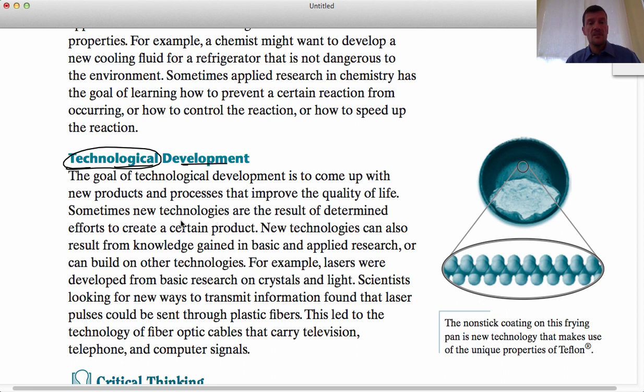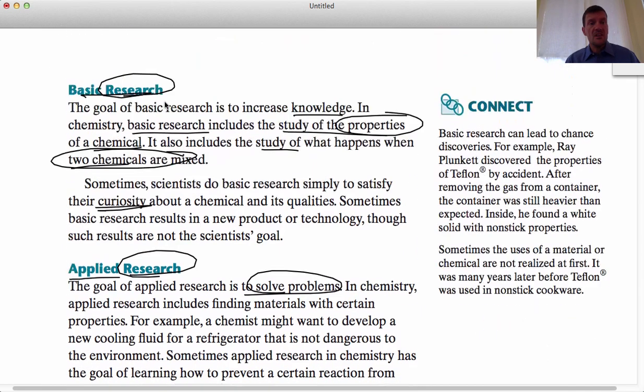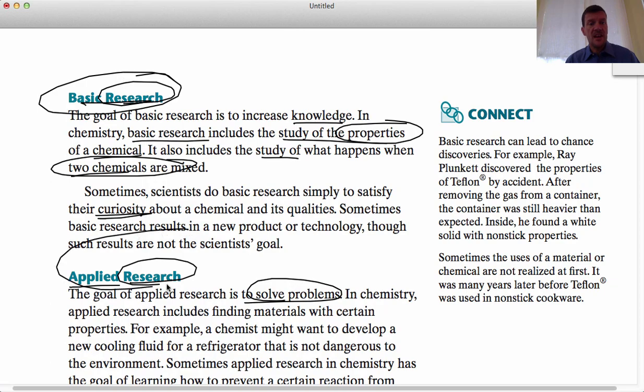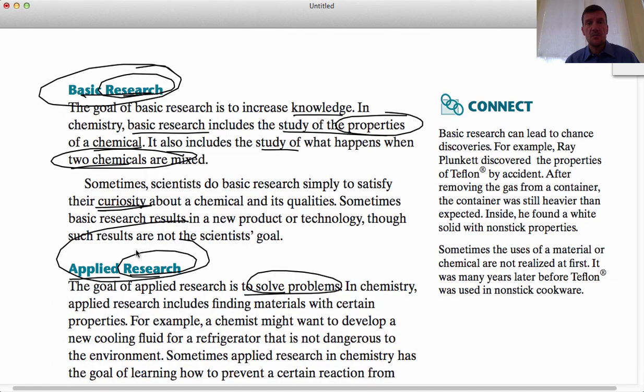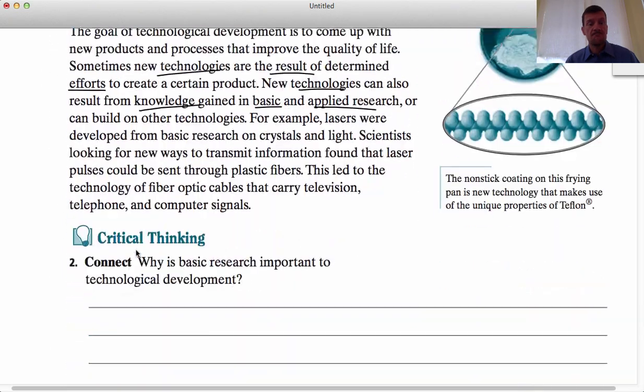So new technologies are the result sometimes of certain efforts. A new technology can also result from knowledge gained from basic and applied research. So technological developments come as a result of all the research that is happening in basic and applied studies.